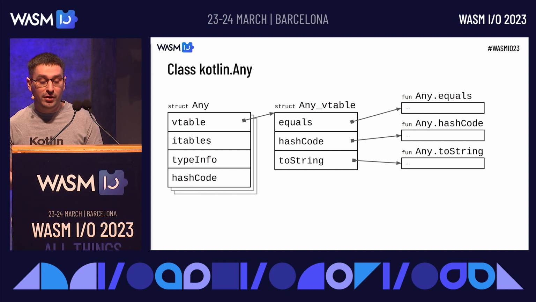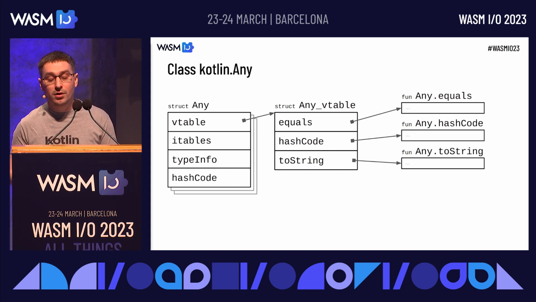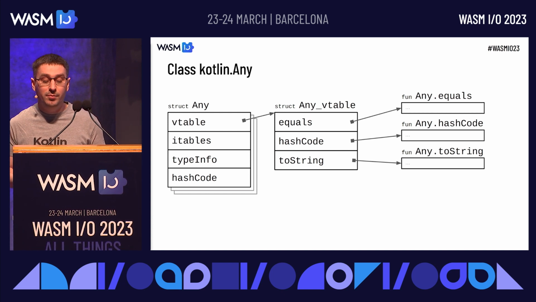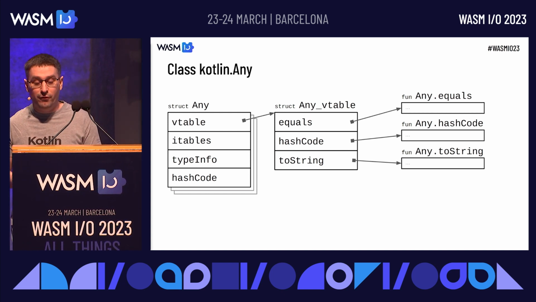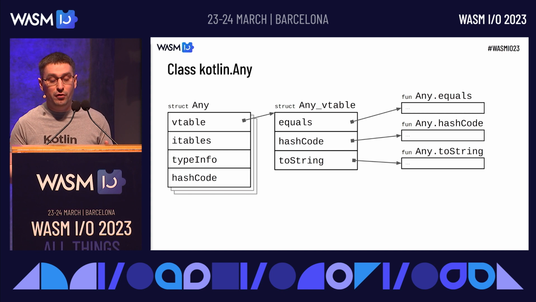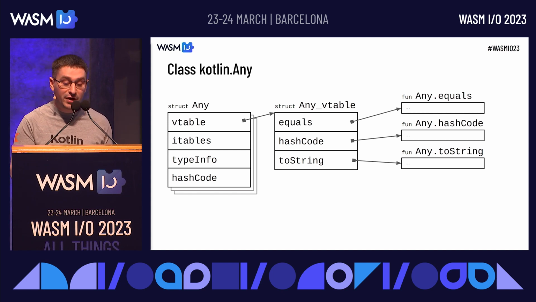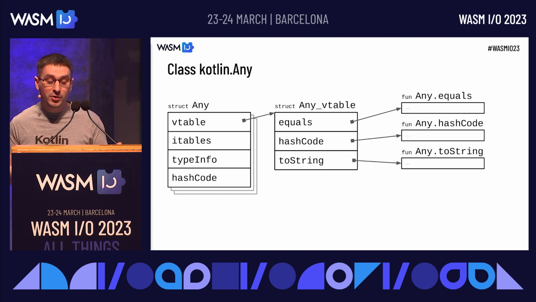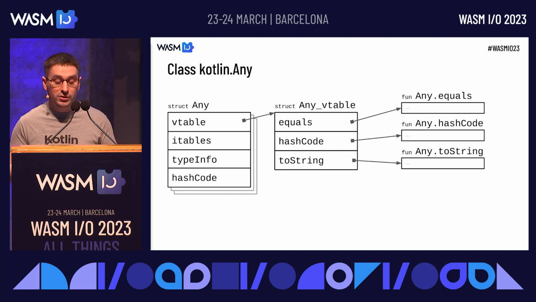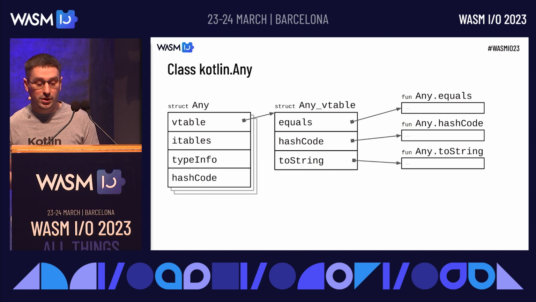The vtable field refers to the vtable structure for the specific class. Now it is Any's vtable. All instances of Any share one instance of the vtable structure with references to the specific function implementations. The vtable, virtual table, is used for dispatching virtual calls, as you can guess.